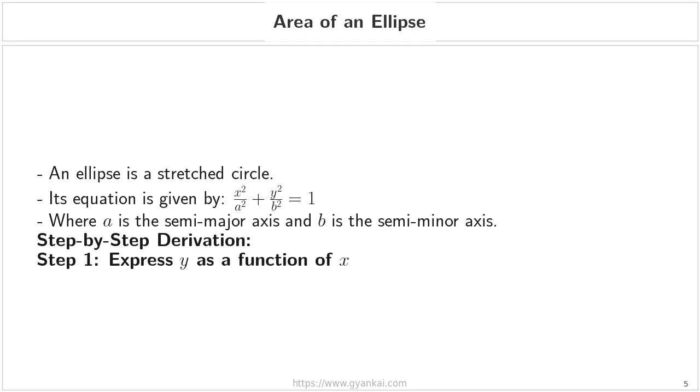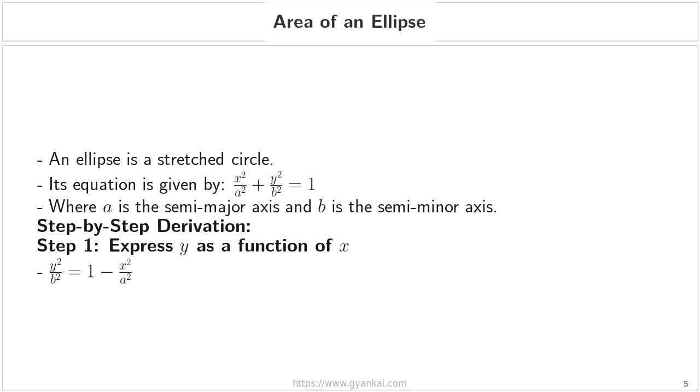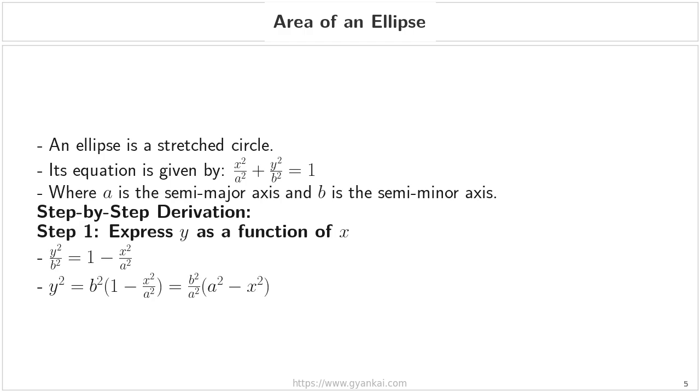In step 1, our goal is to express y as a function of x so that we can integrate. We start by isolating the y term. We subtract x squared over a squared from both sides, which gives us y squared over b squared equals 1 minus the fraction x squared over a squared. Next, we multiply both sides by b squared.